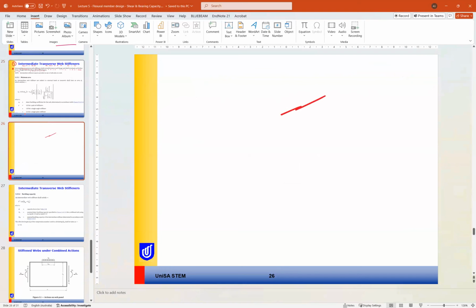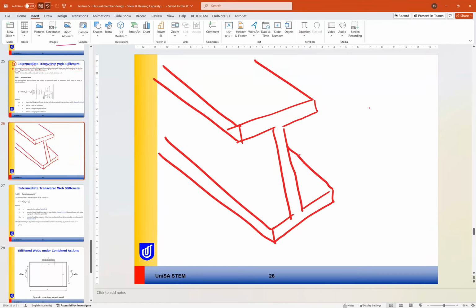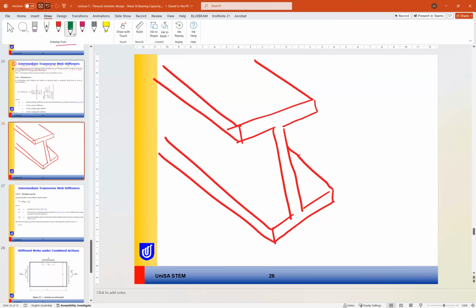So again, if this is our section, the intermediate stiffener doesn't need to be at or under the load.